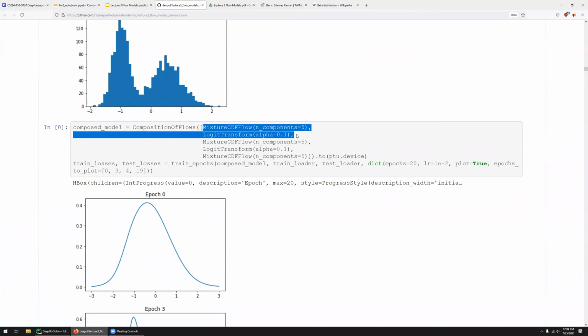You multiply x times weights using a linear layer, and then you take the ReLU. So that's equivalent to taking a mixture of flows, the number of components, and then the logit transform. And he says that if you vary the number of components here, instead of 5, make them 10, that's akin to increasing the width of the equivalent neural network.